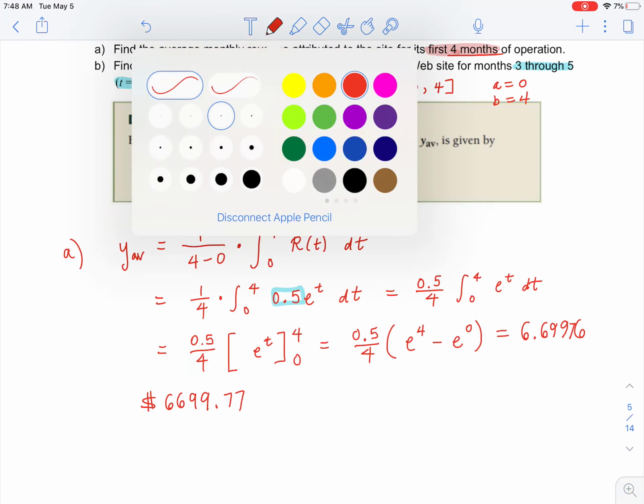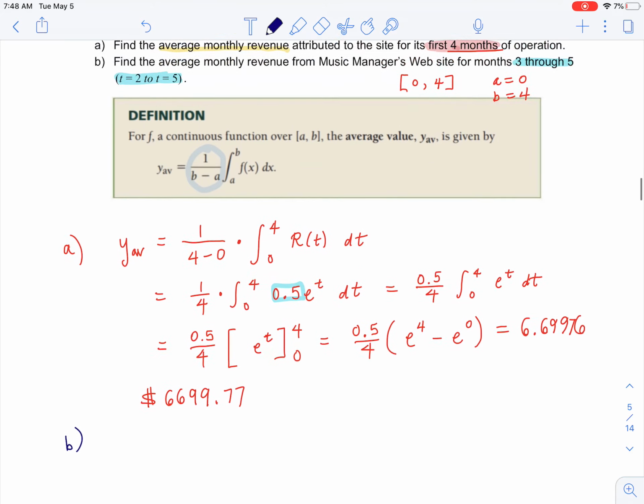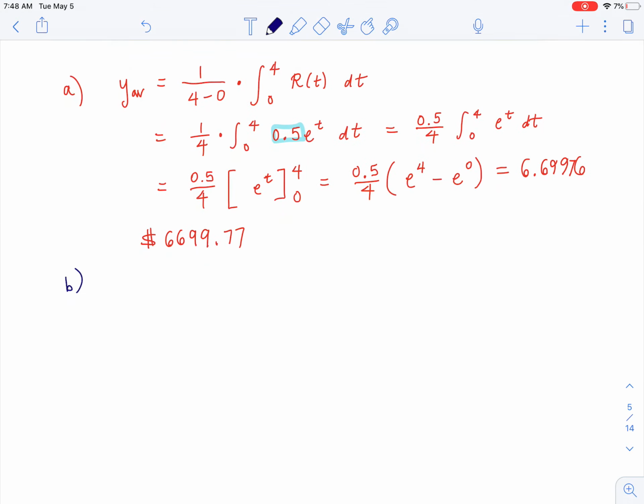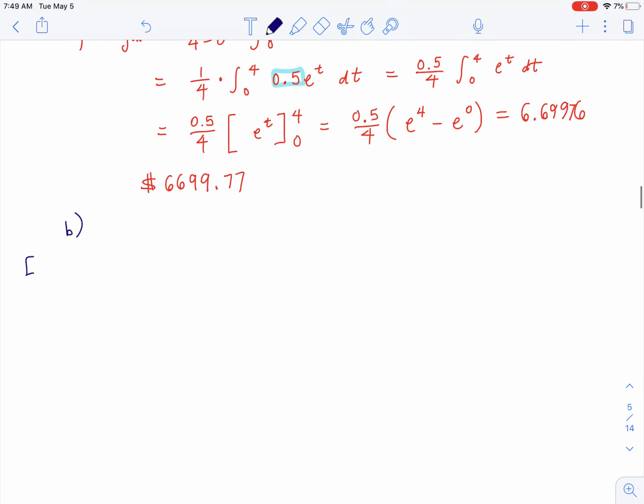Let me write down B. It's the same exact formula, but the bounds we're using are 2 and 5. So Y average is going to be 1 over 5 minus 2 times the integral from 2 to 5 of e to the t dt.